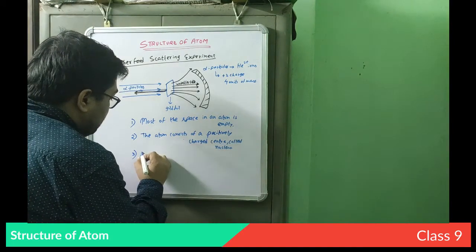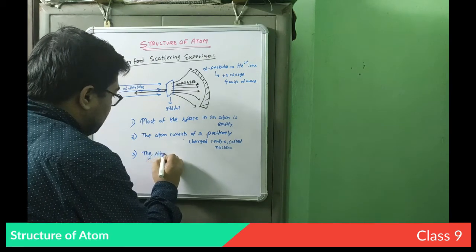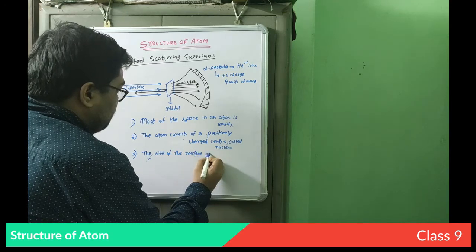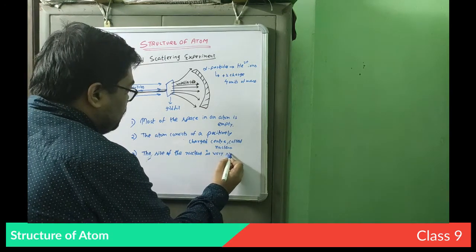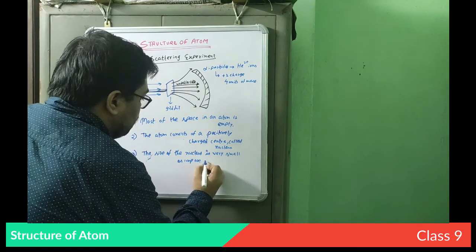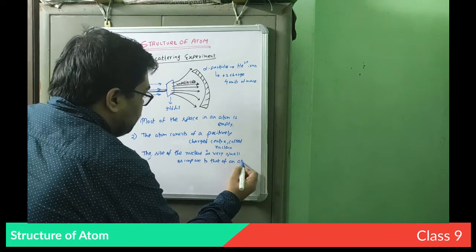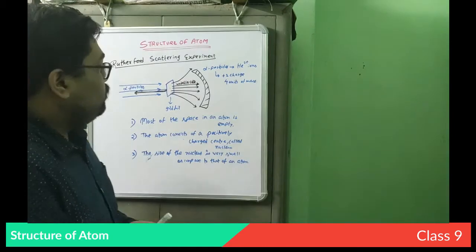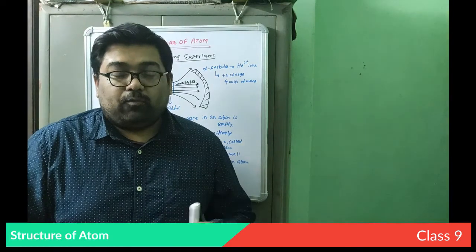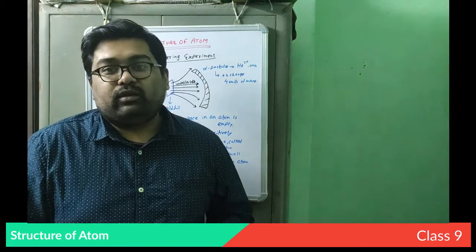So I can write here that the size of the nucleus is very small as compared to that of an atom, right? So these are the three conclusions which he obtained from this scattering experiment, the Rutherford scattering experiment.